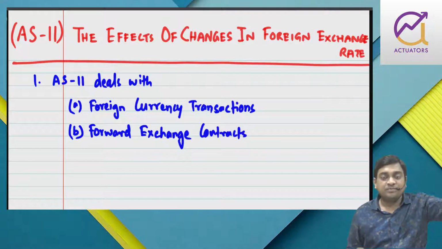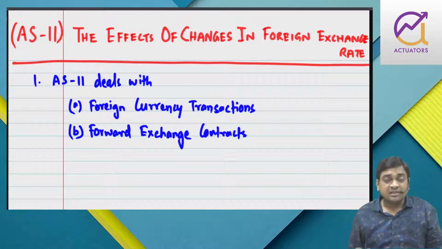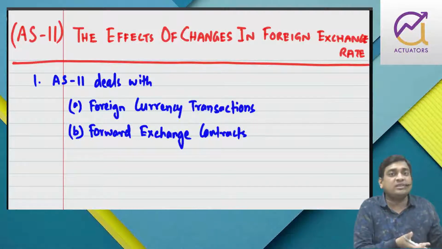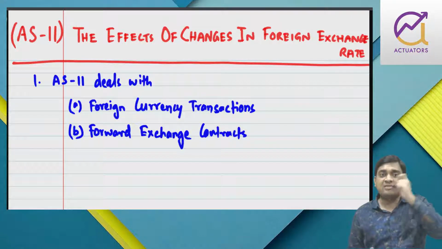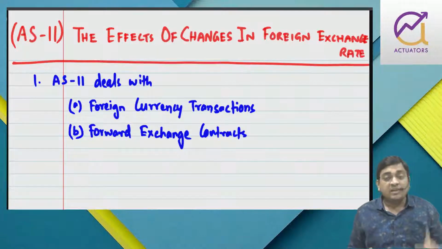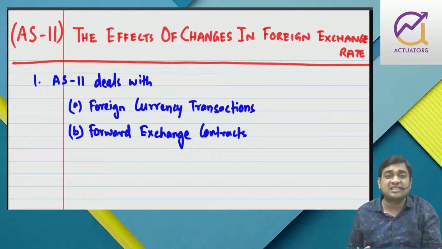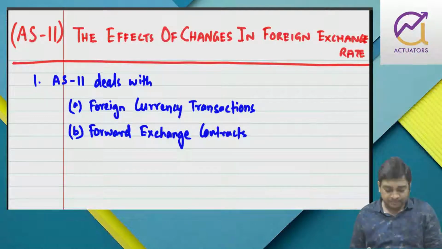Now, after 3 months, when I actually settle the foreign creditor, will he take 70 lakh rupees or 1 lakh dollars? Obviously the foreign creditor has got nothing to do with Indian rupee. He will ask for 1 lakh dollars because the original value of goods supplied was 1 lakh dollars. 3 months ago the rate was 70, so you reported that transaction at 70 lakhs, but your foreign creditor will ask you for 1 lakh dollars.